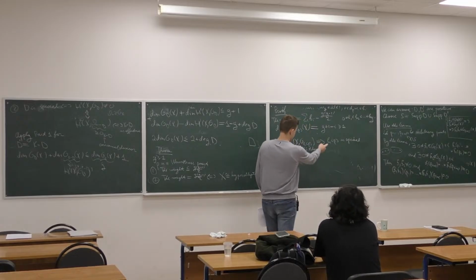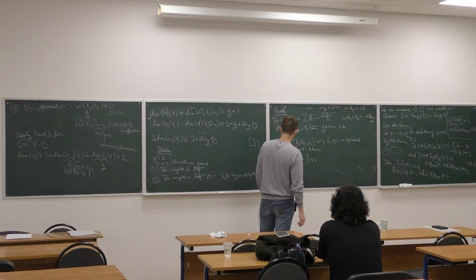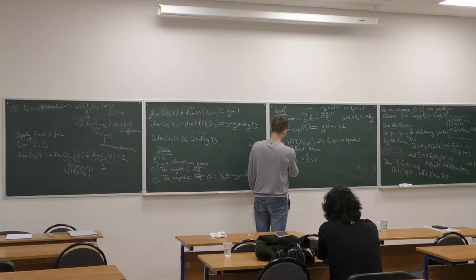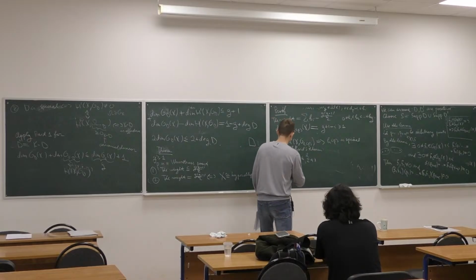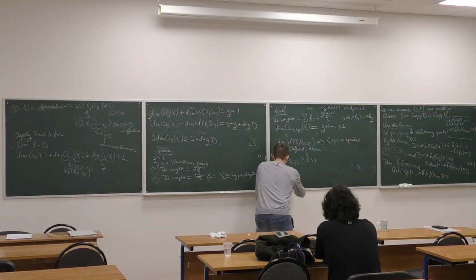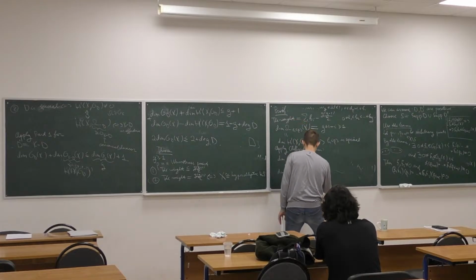It is special, and obviously it is positive, so you can apply part 2 of Clifford's theorem. Then you apply Riemann-Roch: this is equal to the dimension of H^1(X, O(b_i P)) plus 1 minus g plus b_i.